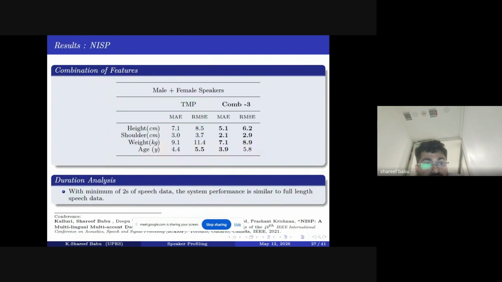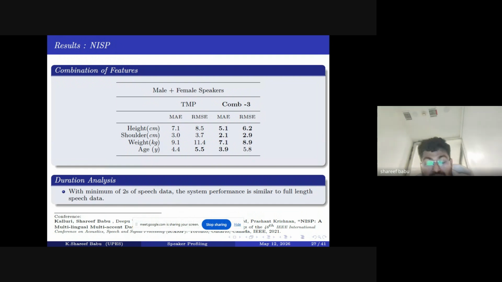Now we performed the same with the NISP dataset as well, the same settings we showcased just now for the AFDS dataset. Here we could see that the height, shoulder size, weight, and age of the speakers are better with the mean absolute errors with the three feature combination.